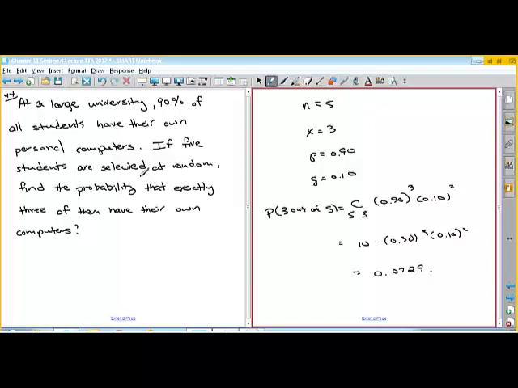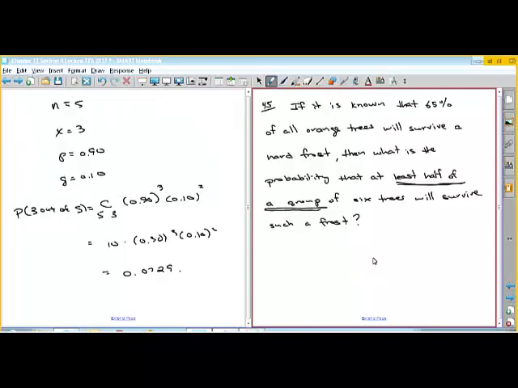The most likely answer is 4.5. You take 0.9 times 5, which gives you 4.5. So, 4 or 5 people. It's less likely to have 3 people or 2 people, 1 person, 0 people.